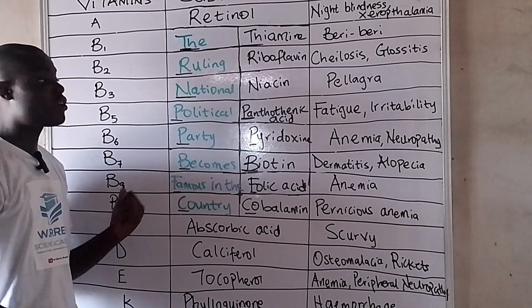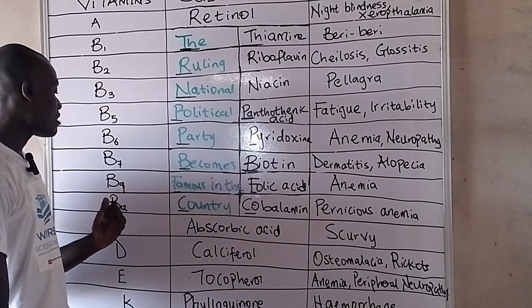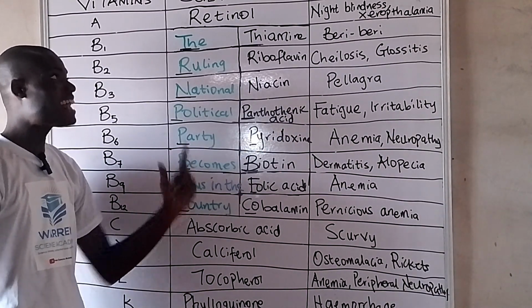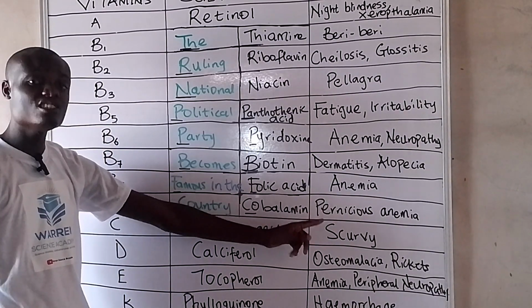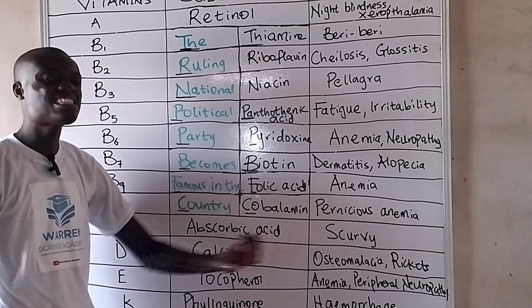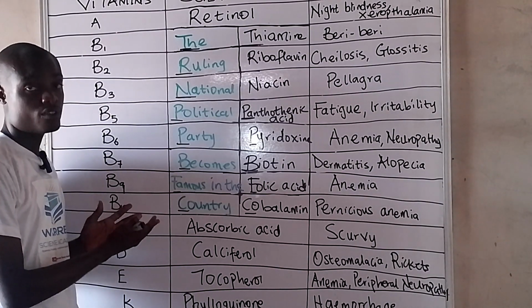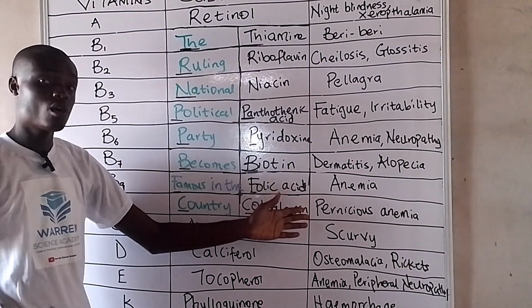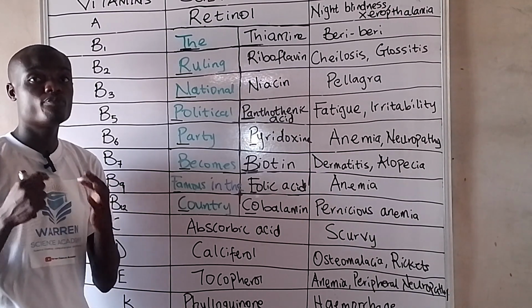Then vitamin B9 deficiency causes anemia, just like vitamin B6. Then we have vitamin B12, called cobalamin, and the deficiency is a very common question in exams. It causes pernicious anemia. Pernicious means harmful. So if a person does not consume vitamin B12, it can result in pernicious anemia. Why? Because vitamin B12 is essential for the formation of blood.